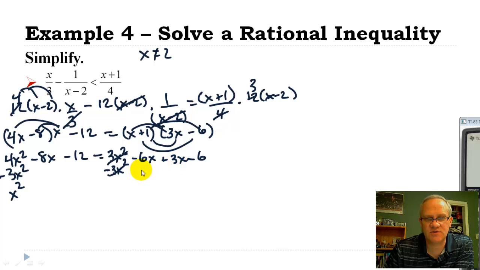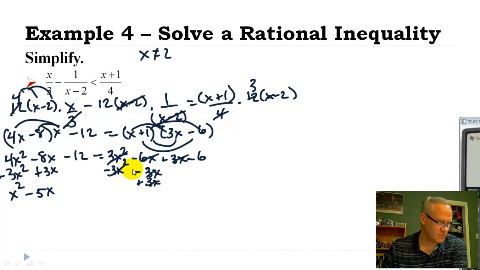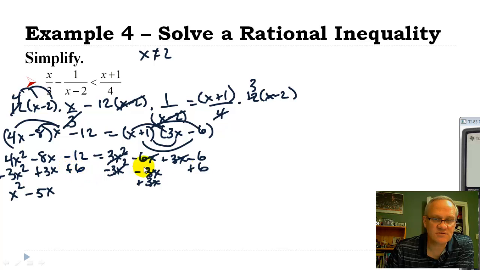Negative 6x and 3x is a negative 3x when we combine those. So to move it over, plus 3x, plus 3x. So these cancel. That's going to give me minus 5x. And then plus 6, minus 6.